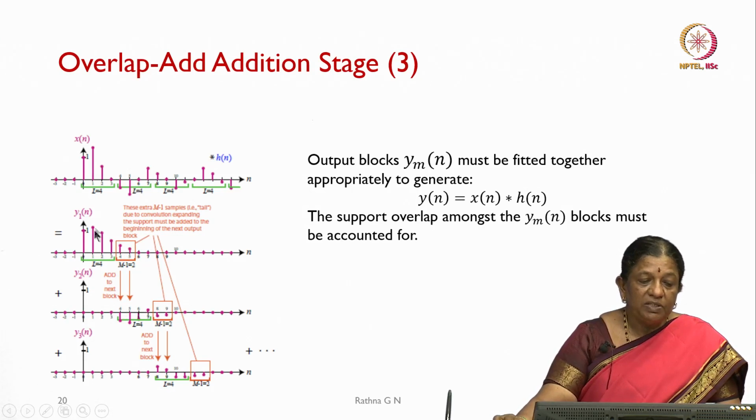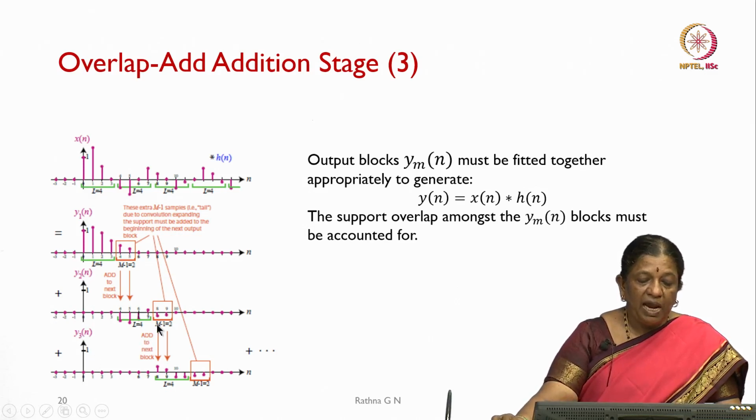So, this is first y1 of n, and these two samples are going to be added to the next block, and then we will make L equal to 4 length here, as you can see. So, 2 samples will be coming from m minus 1, which will be from this block, and then we will use that to compute y2 of n, and later on y3 of n.